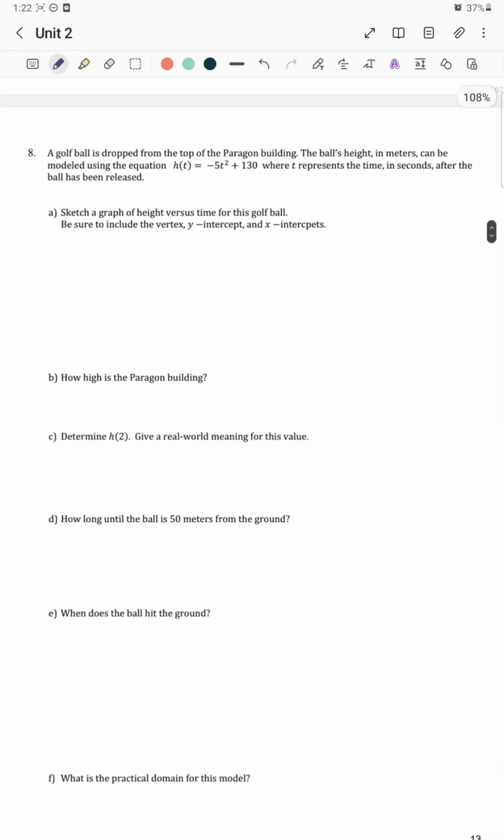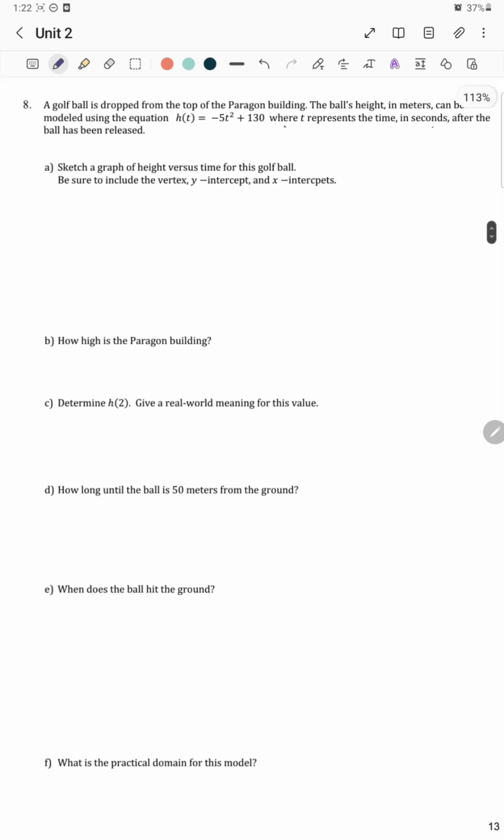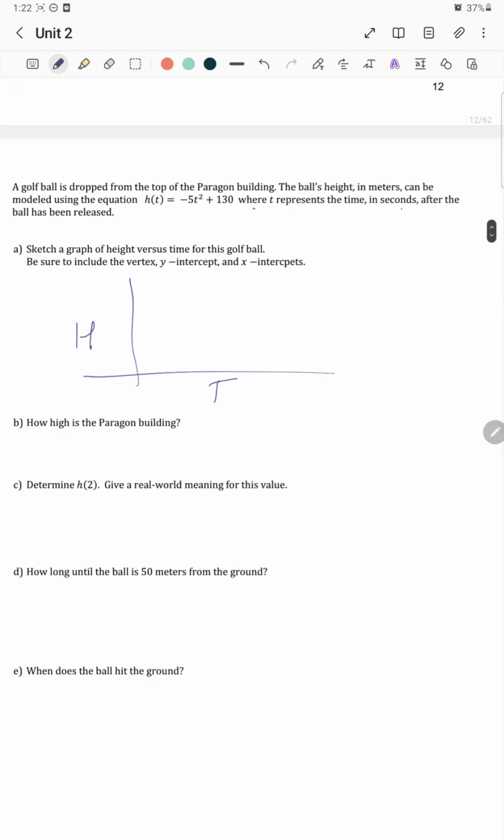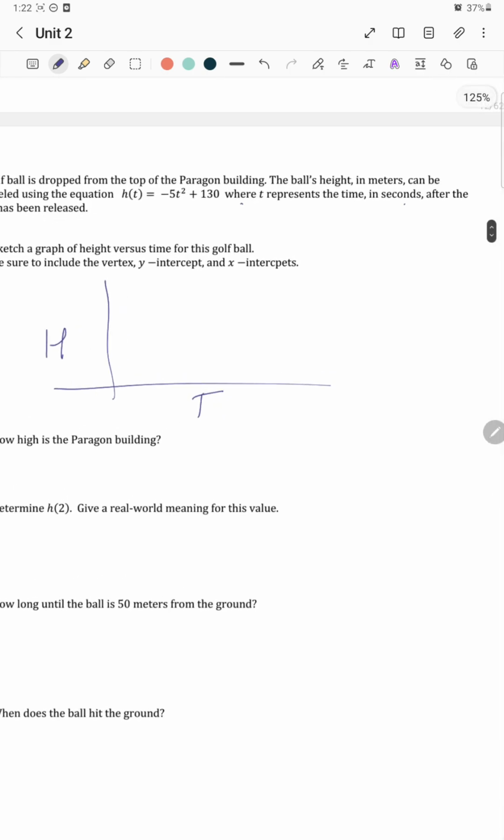A golf ball is dropped from the top of the Paragon building. The ball's height in meters can be modeled using the equation h of t is equal to minus 5t square plus 130, where t represents time in seconds after the ball has been released. Sketch the graph of the height versus time of the golf ball. So it's going to be time and the height. For the x-intercept and y-intercept, 0 is equal to minus 5t square plus 130, minus 130 by minus 5.